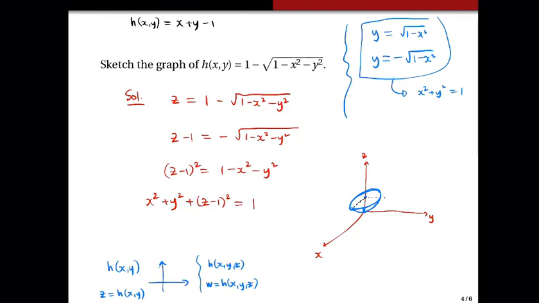And does that answer your question? Yes po, sir. Thank you po. All right. On the other hand, maybe you have h of x, y equal to the square root of x plus y minus 1. So this time we gave a restriction. We want x plus y minus 1 to be greater than or equal to 0, so we will only take half of that plane, or a portion of your xy plane.